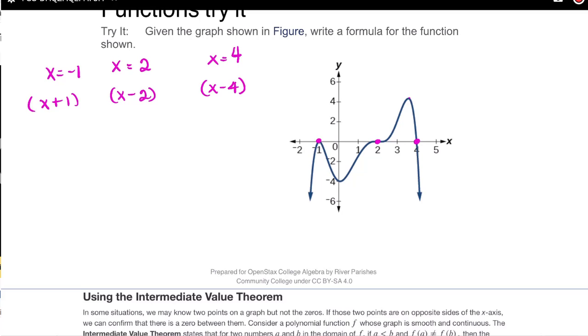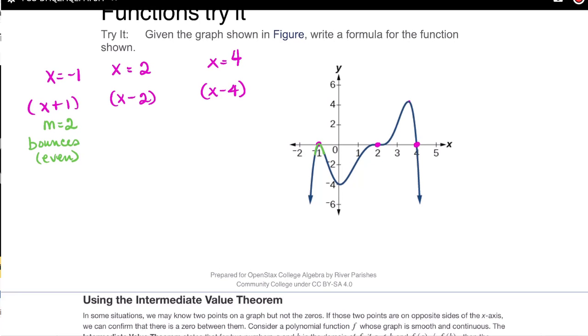So now the multiplicity. This is bouncing off. That's bouncing off. And it doesn't look very flat, so it has to be even because it's bouncing off the x-axis. So I'm going to guess that it's 2. The next one, it goes straight through, but it kind of flattens out.